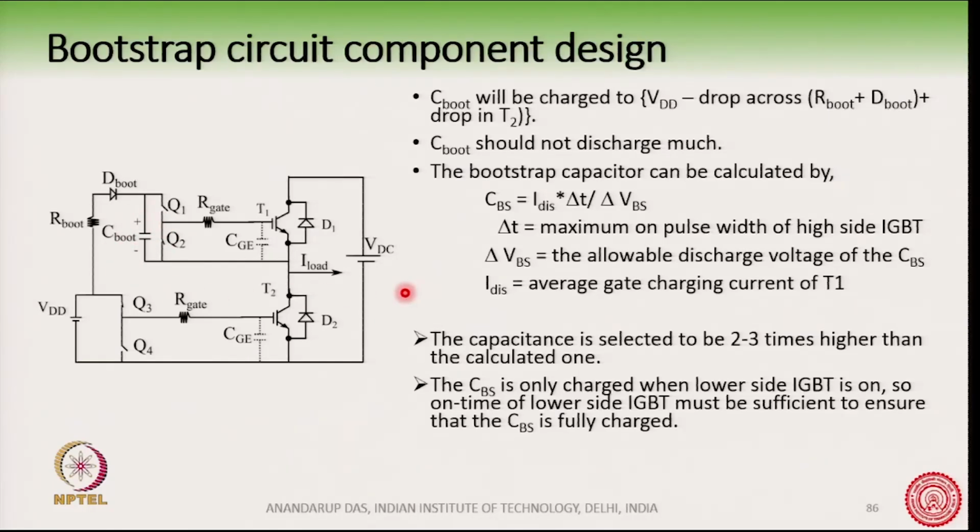So, the first thing before you can really start the converter is to charge this C boot to the VDD value. So, initially you will turn on this device and charge this C boot to a certain value, and only then can you start your operation of the converter.